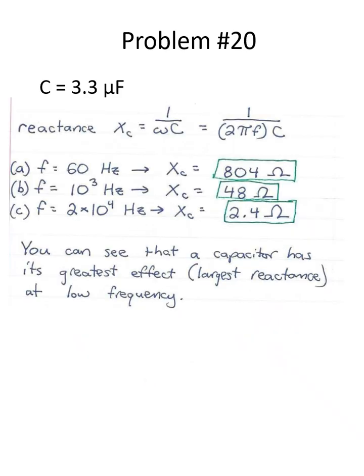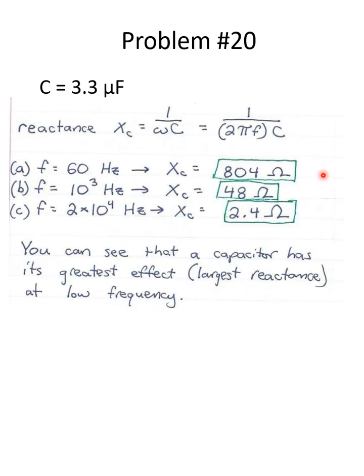Problem 20, find the reactance of a 3.3 microfarad capacitor at these various frequencies, 60 hertz, 1 kilohertz, and 20 kilohertz. So we're looking for the capacitive reactance. And remember that reactance is 1 over omega C, and so it's going to be 1 over 2 pi frequency C, and we will plug in all those values.